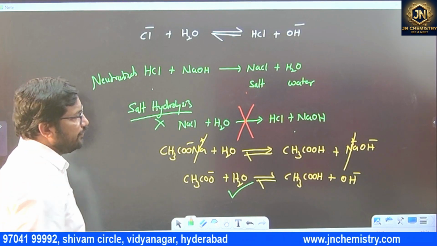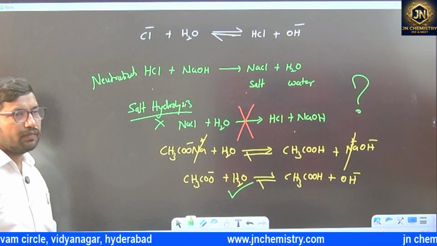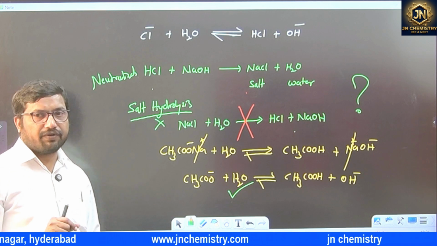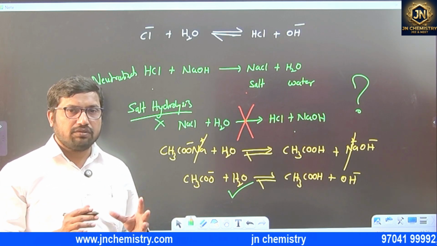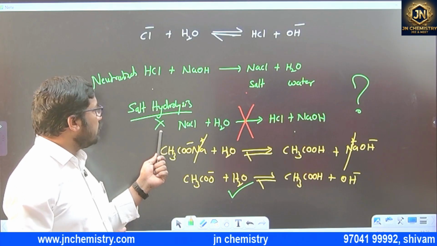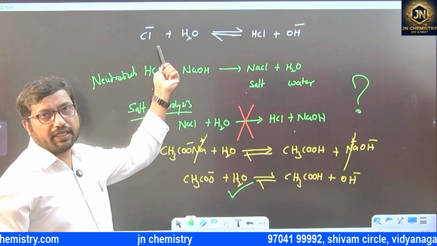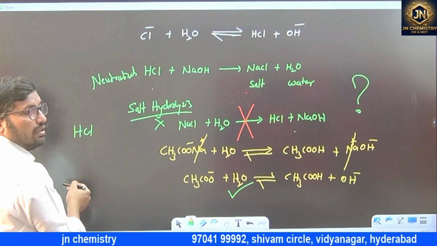Why? Yes, the same thing. Reactions always move from strong to weak, but not weak to strong. So here are counterions. This is a counterion of a strong acid, right? HCl is a strong acid. Counterion means what?